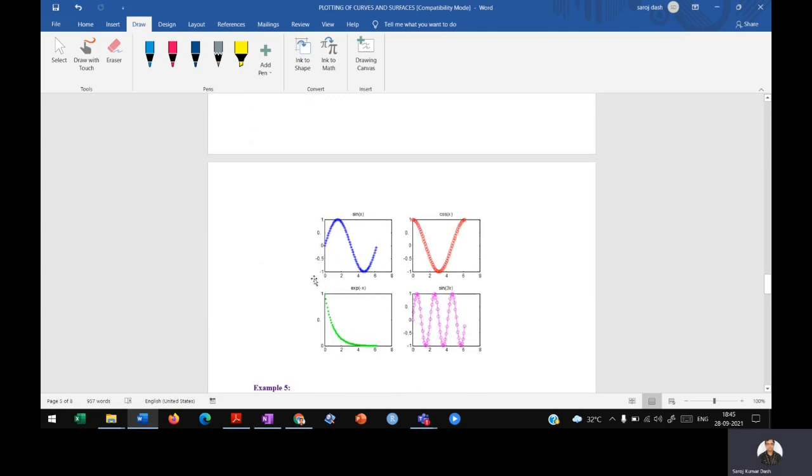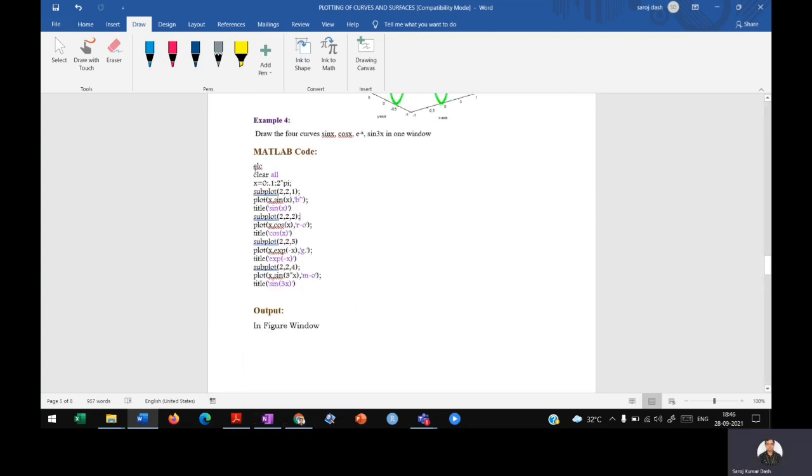So easily you can see here. I will show you in MATLAB also.